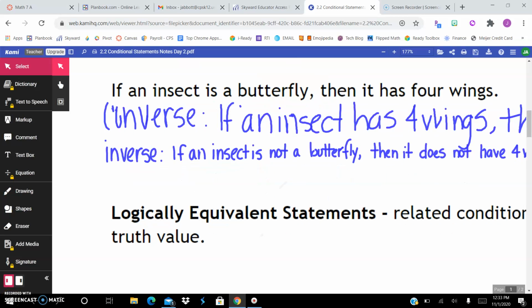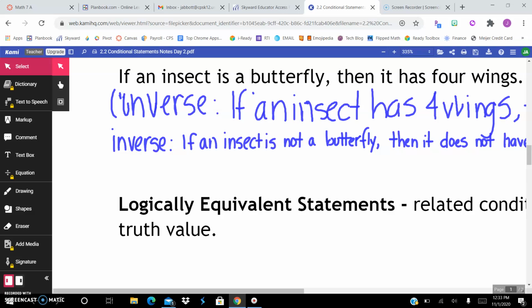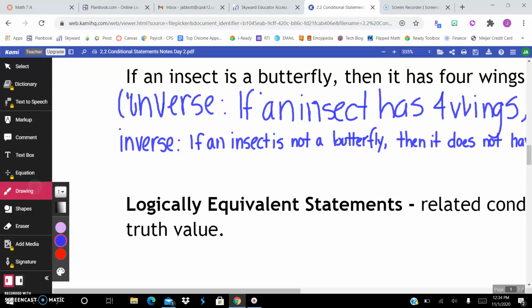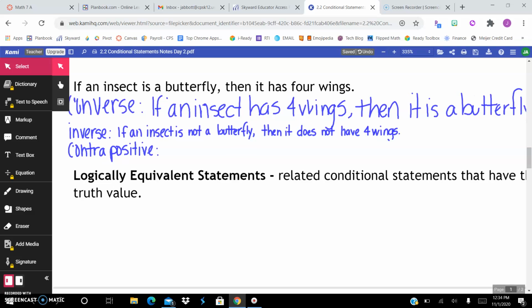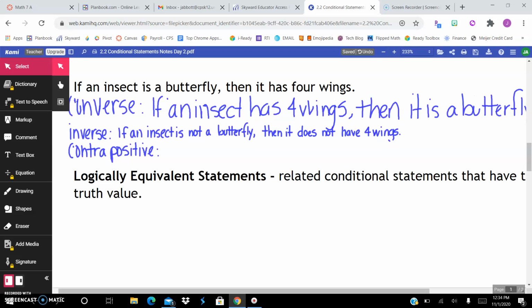Last on our list of things to write is the contrapositive. The contrapositive is simply taking the inverse and flipping the if and then statements. The then says it does not have 4 wings.